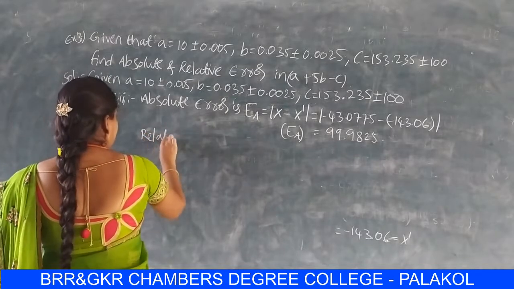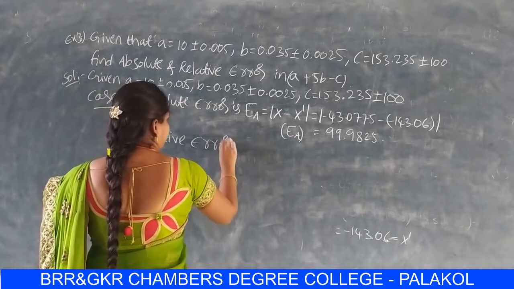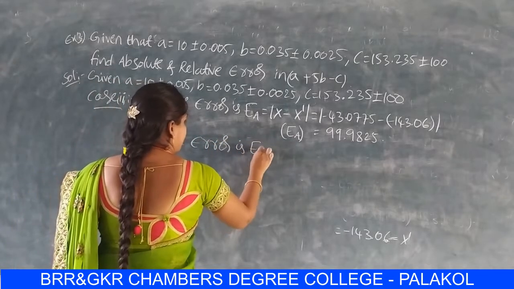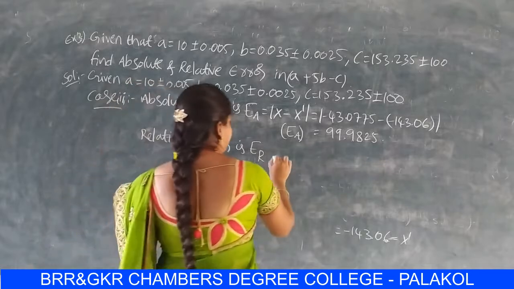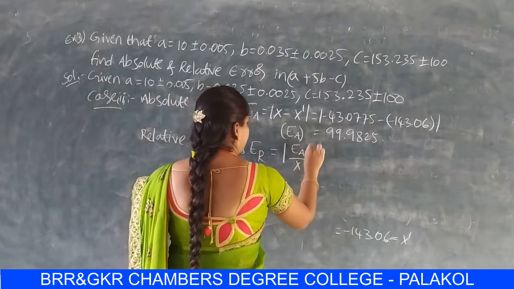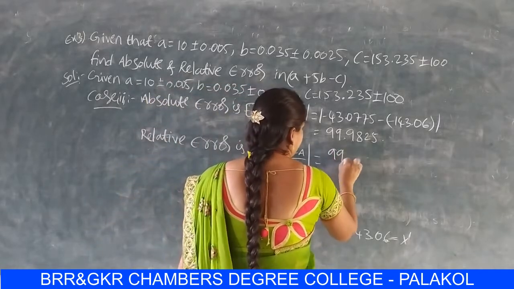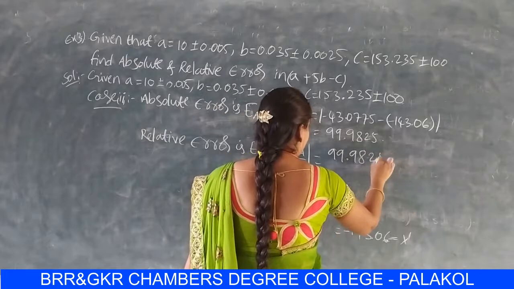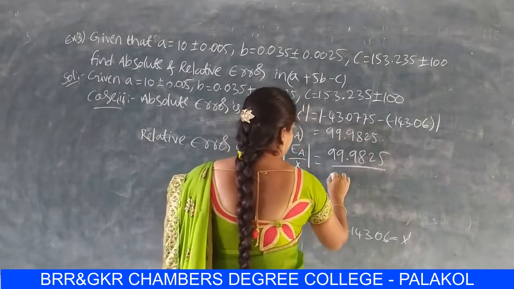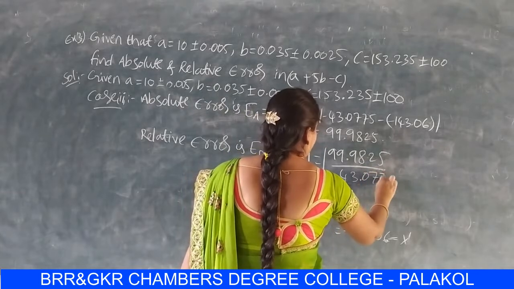So the relative error is ER, the ratio of the absolute error and true value. The absolute error is 99.9825 and the true value is minus 43.0775.